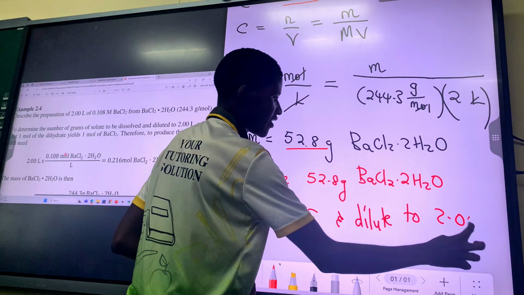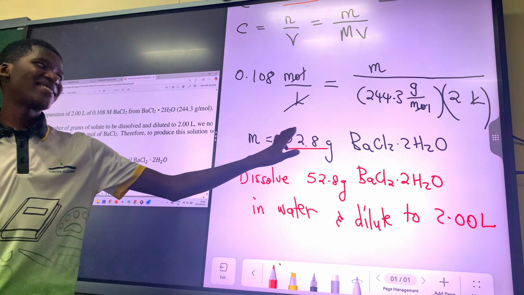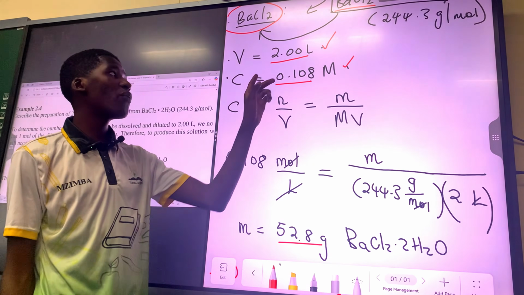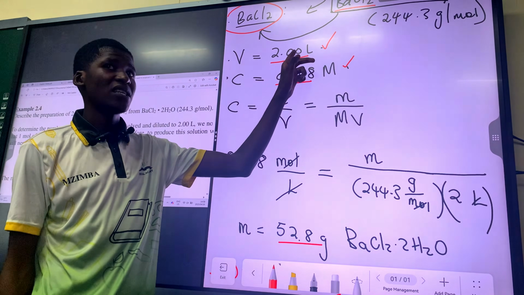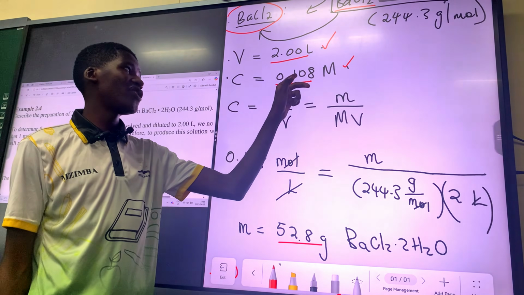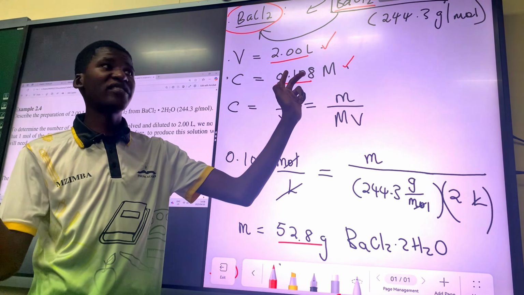to 2.00 liters. Mind you, your mass has got 3 figures. Remember, our question here has volume. How many figures does it have? 1, 2, 3. And then concentration, how many figures? 1, 2, 3. The 0 we don't count because it's before a number.